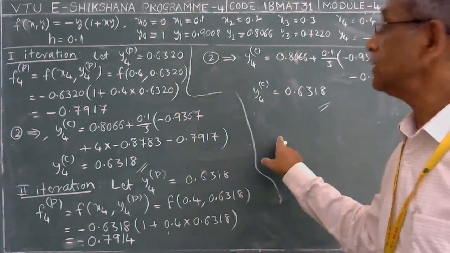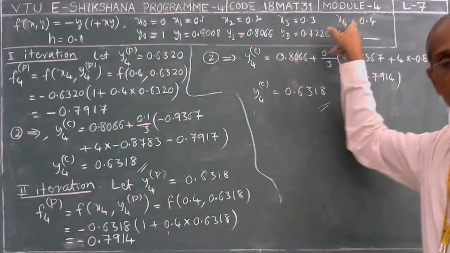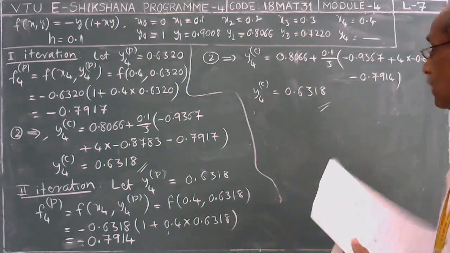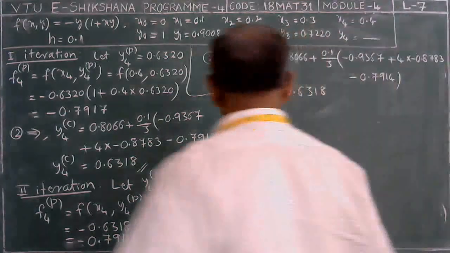So we conclude that the value of y at x equal to x4, which is 0.4, is 0.6318.